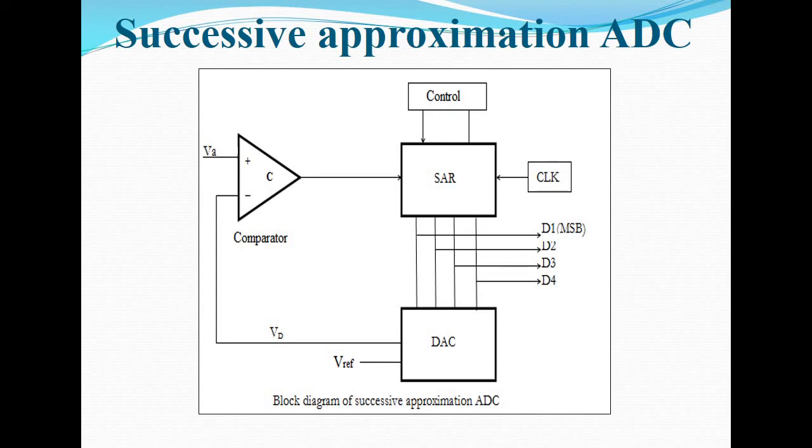Since we are using a 4-bit successive approximation ADC, you can see these 4 lines, 1, 2, 3 and 4. These 4 lines indicate the system is of 4 bits, D1, D2, D3 and D4.